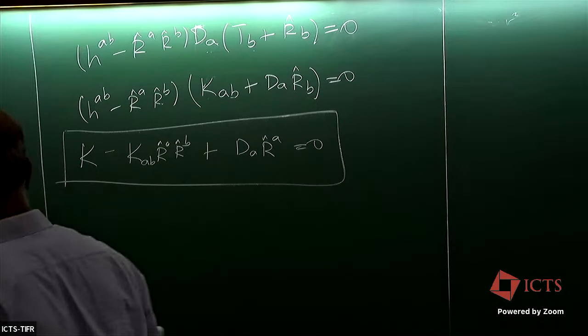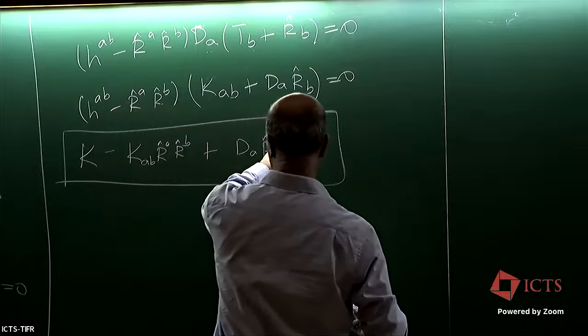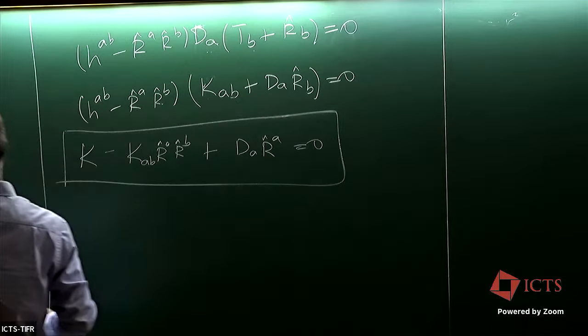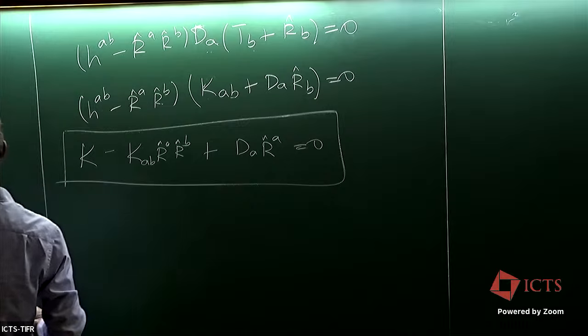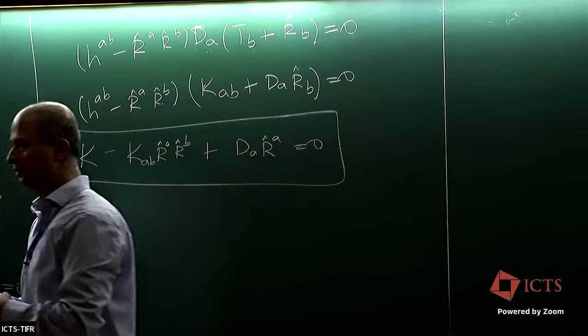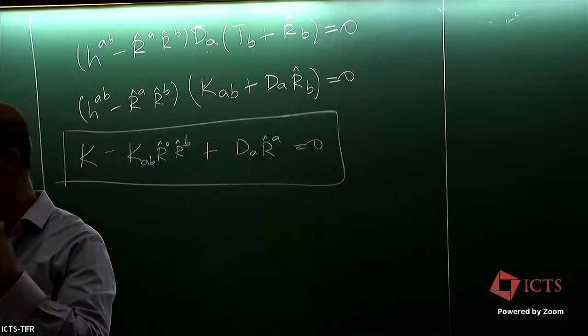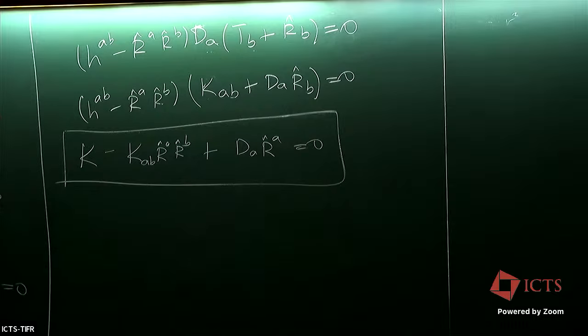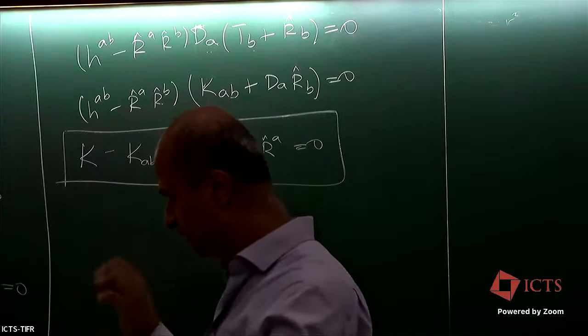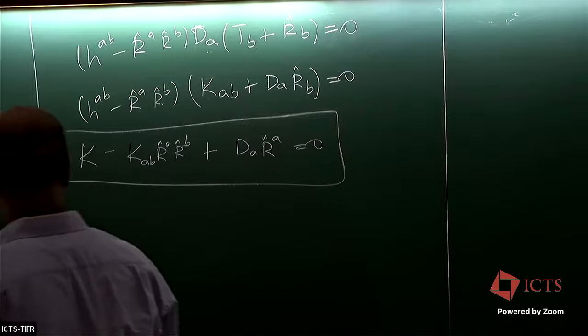Locating a MOTS means, in effect, to find this vector r hat, which is a normal to this, that's a gradient of some level set function defining the surface. And that is what you look for analytically or numerically in most cases. In our case, now we go back to the Brill-Lindquist calculation.